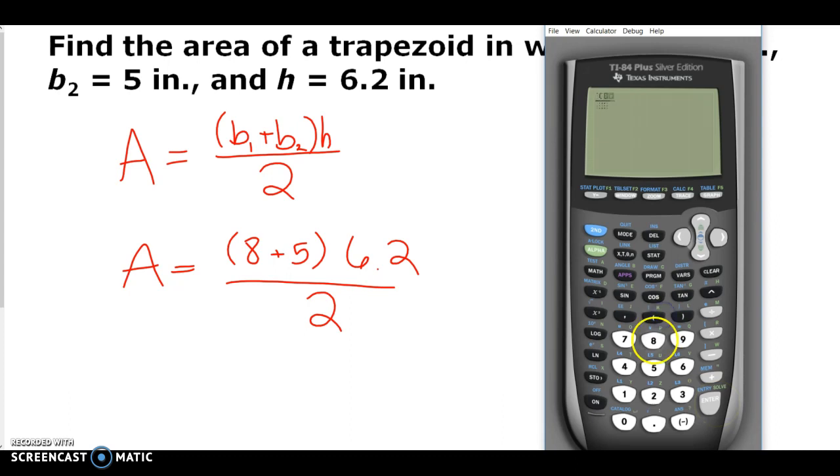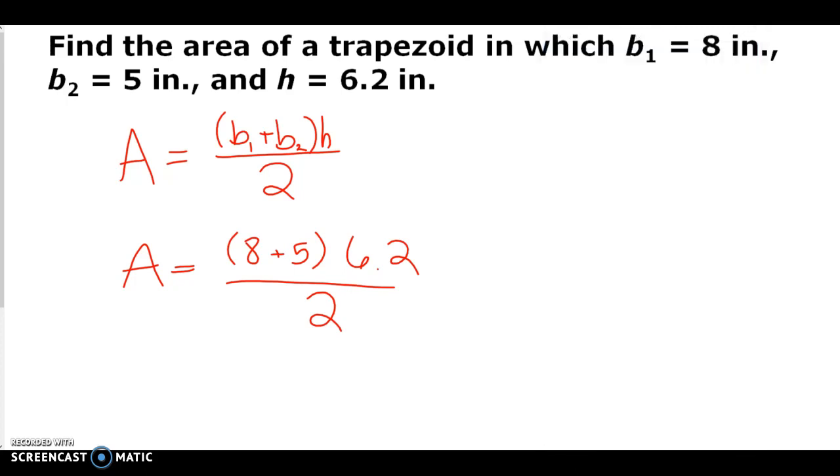I'm going to type it in exactly. Not even going to do 8 plus 5, because sometimes when you're testing, you forget what 8 plus 5 is. Times 6.2 divided by 2. You should have gotten 40.3 what? Inches squared. Alpha y equals, and then hit enter.